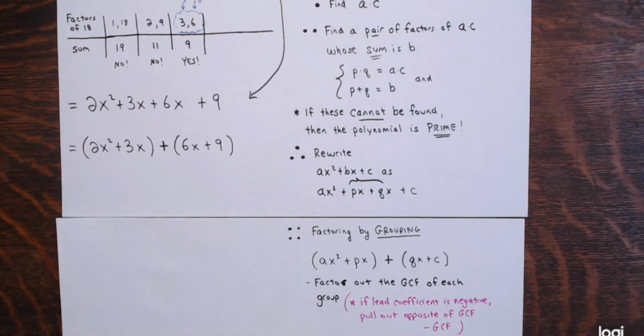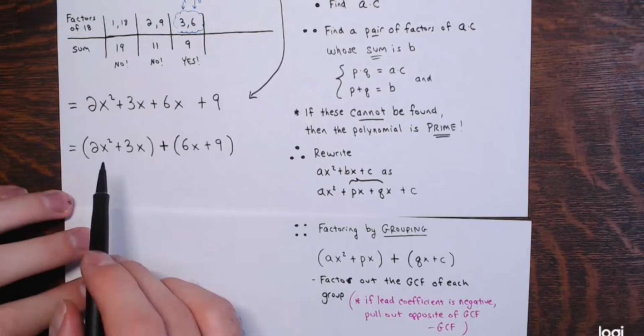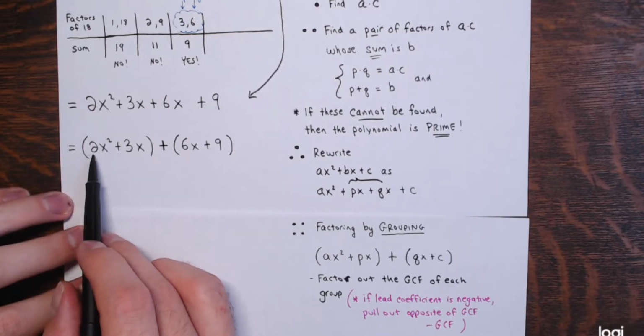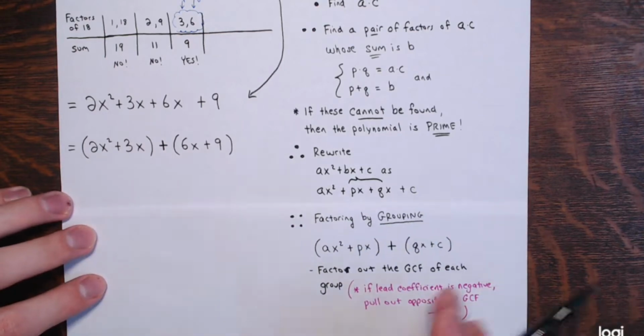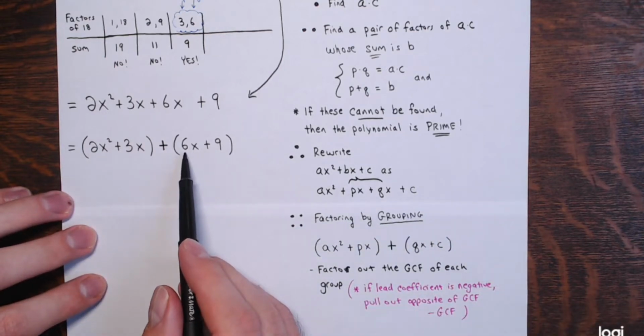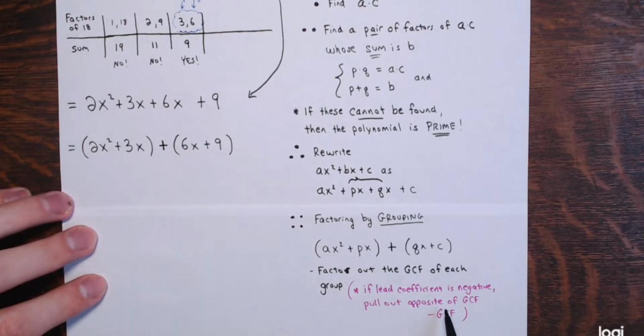But we're not seeing that here, right? In this first group, the lead coefficient is positive, positive 2, and in the second group, the lead coefficient is positive, again, positive 6. So I don't have to worry about that just yet.